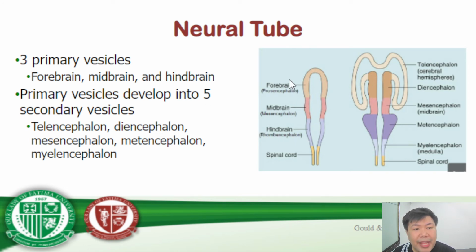So the forebrain, yan, ito siya. The midbrain, the middle part, and the hindbrain. Ito, at the bottom. And then after the hindbrain, your spinal cord. Alright? So eventually, these 3 primary vesicles will eventually develop into 5 secondary vesicles.